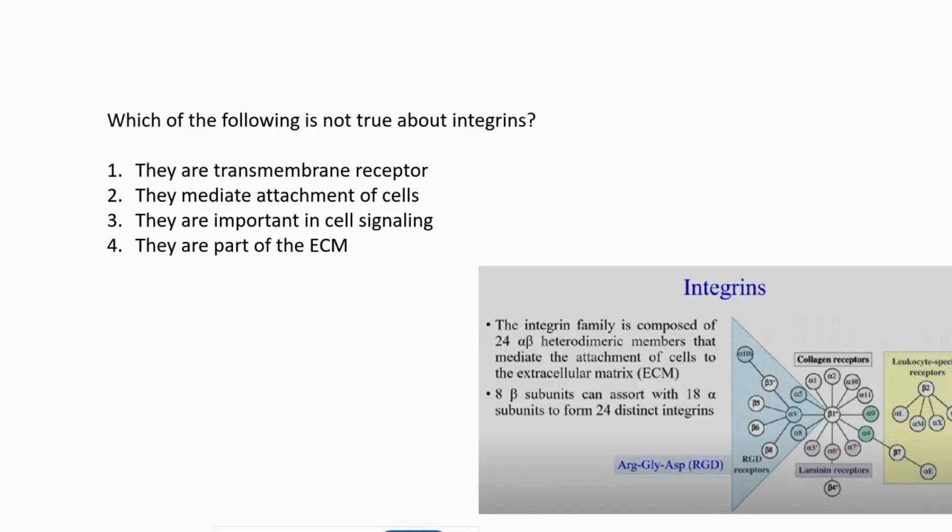And this is the next question. Which of the following is not true about integrins? The options are they are transmembrane receptors, they mediate attachment of cells, they are important in cell signaling, and they are part of the ECM.